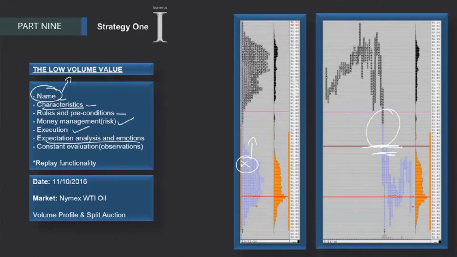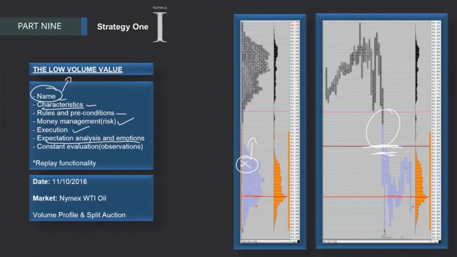But by interpreting that I might go offside very early on, this will enable me to sit in the trade even when I do go offside, because I've emotionally understood what the potential is in terms of my risk. So when you do talk about emotional analysis, make it personal, make it so that it makes sense to you, but also that you understand from an emotional aspect what you might experience in the trade strategy.